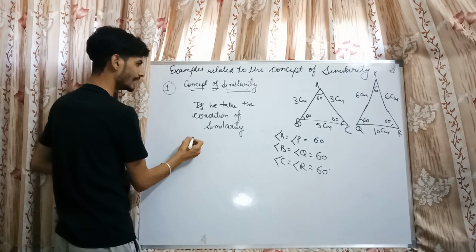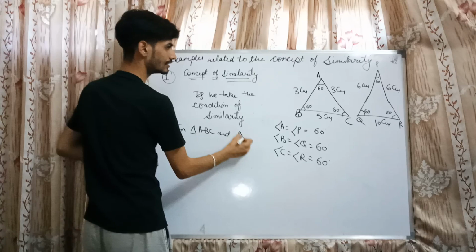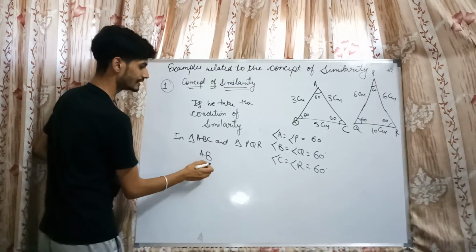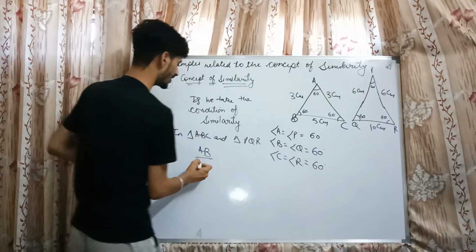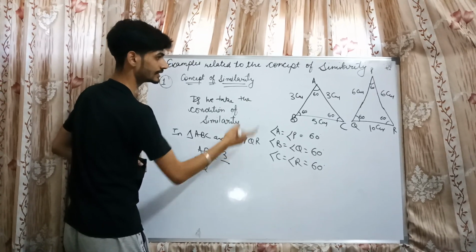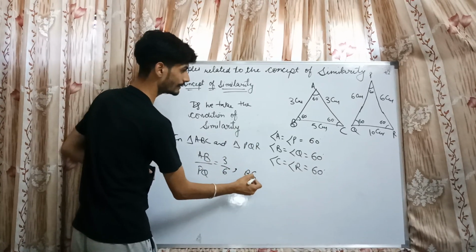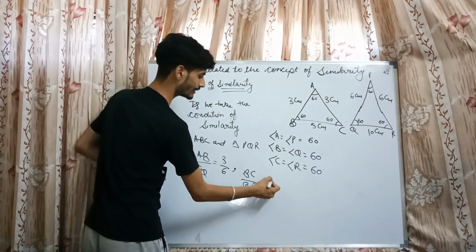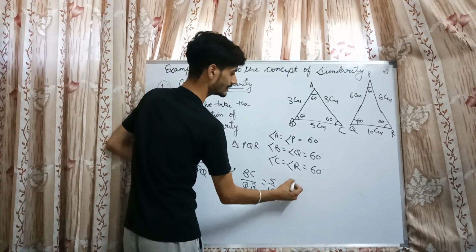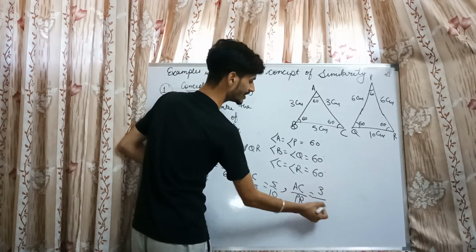So in the first triangle ABC and in triangle PQR, AB upon PQ equals 3 upon 6, and for the further side BC upon QR equals 5 upon 10, and for the last side AC upon PR, which is 3 upon 6.